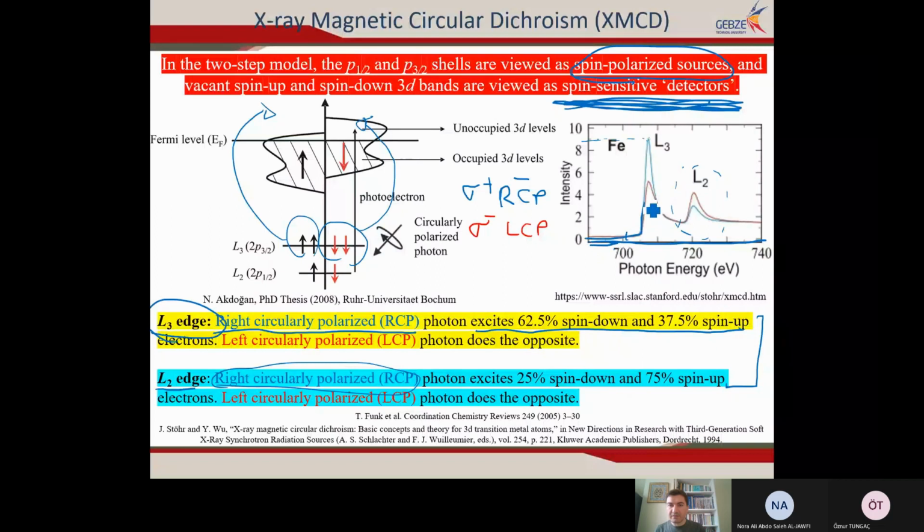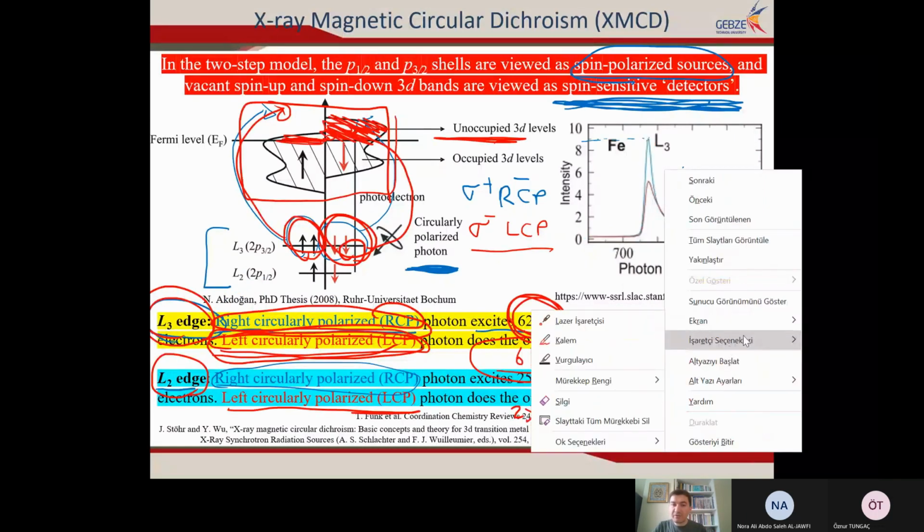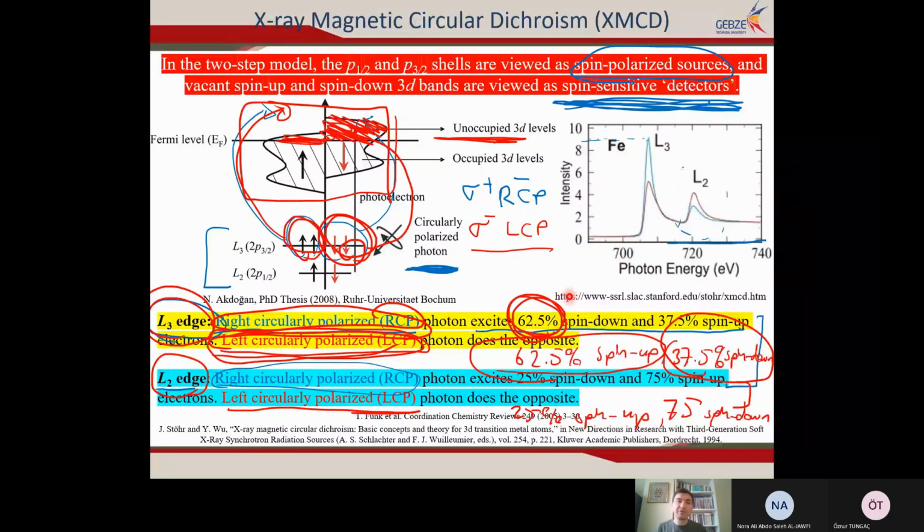Around the L3 edge, absorption occurs and we have intensity. And around the L2 edge, absorption occurs and we see intensity. And far from the L2 edge and before the L3 edge, you cannot see any absorption, okay? Because the incoming photon energy cannot excite electrons, since the energy is far from the energies of these absorption edges. In order to understand the behavior of this figure, you have to understand the two-step model.